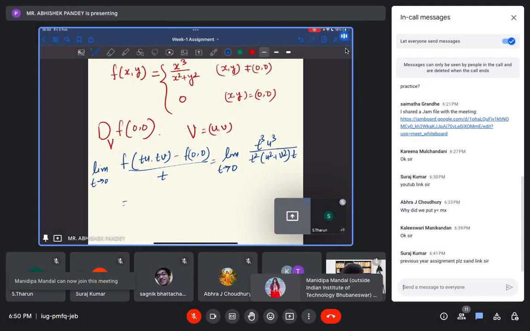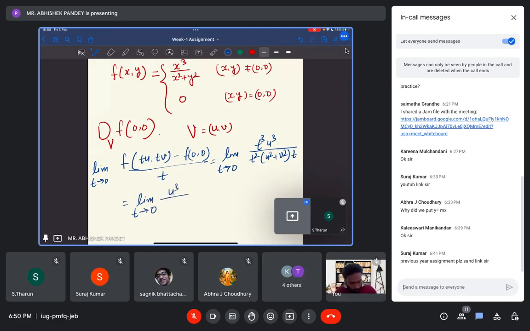So this will give you limit t tends to 0 of u cube upon u square plus v square. So this is nothing but u cube upon u square plus v square, and this exists always because u square plus v square is non-zero when u comma v is non-zero.